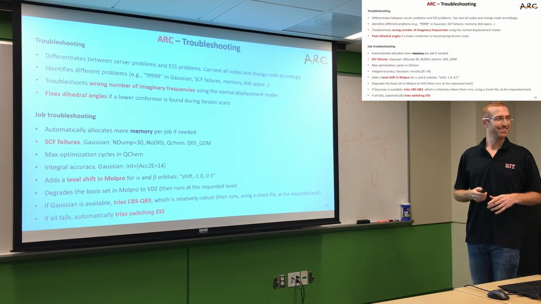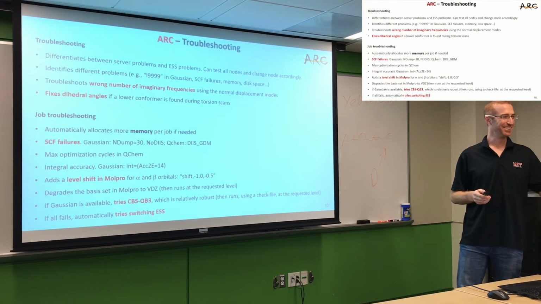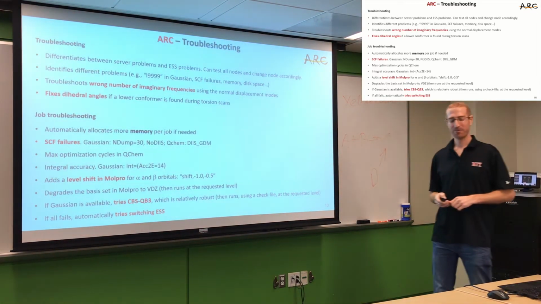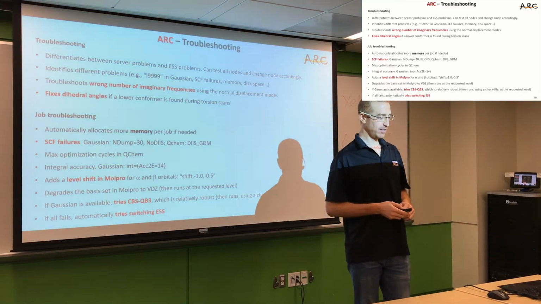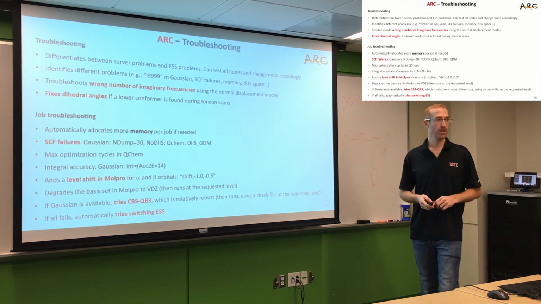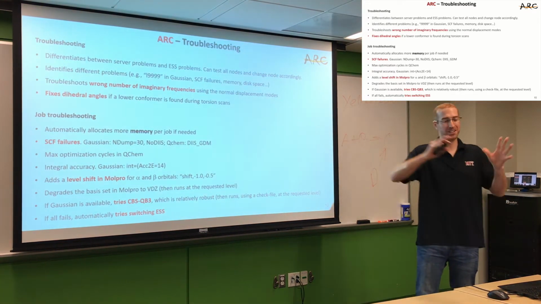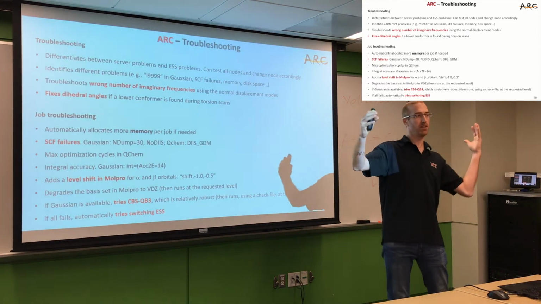Yes, please. How many iterations do you typically do before you really decide this job cannot be done? We will try everything that makes sense in troubleshooting, even switching software. So if you run Gaussian and we try troubleshooting with all our keywords and couldn't, we will try using QChem or something else.